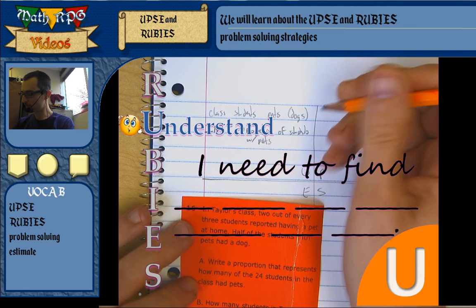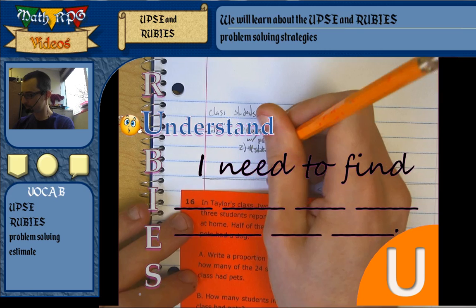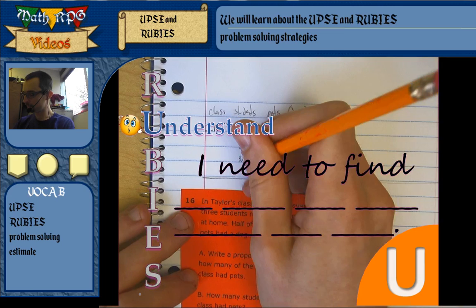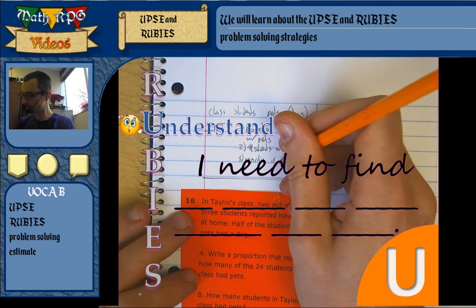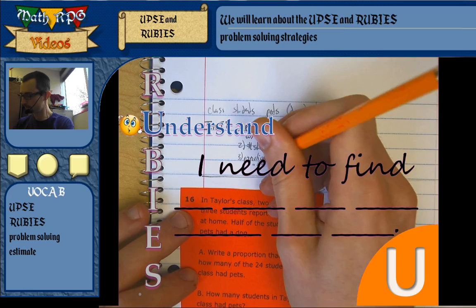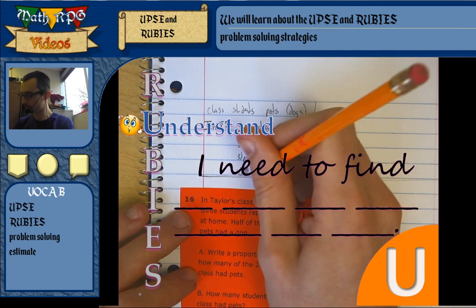Second thing I need to find is the number of students with pets. Third, I need to find the proportion of students with dogs. And lastly, I need to find the number of students with dogs.